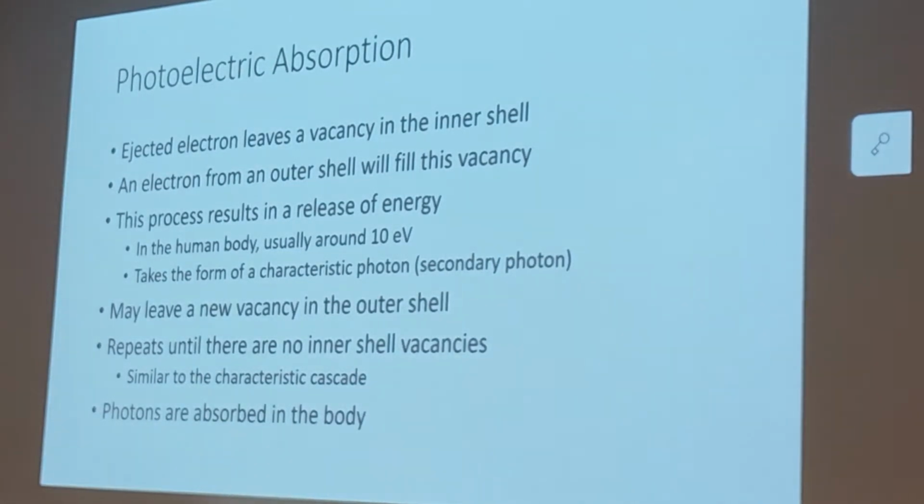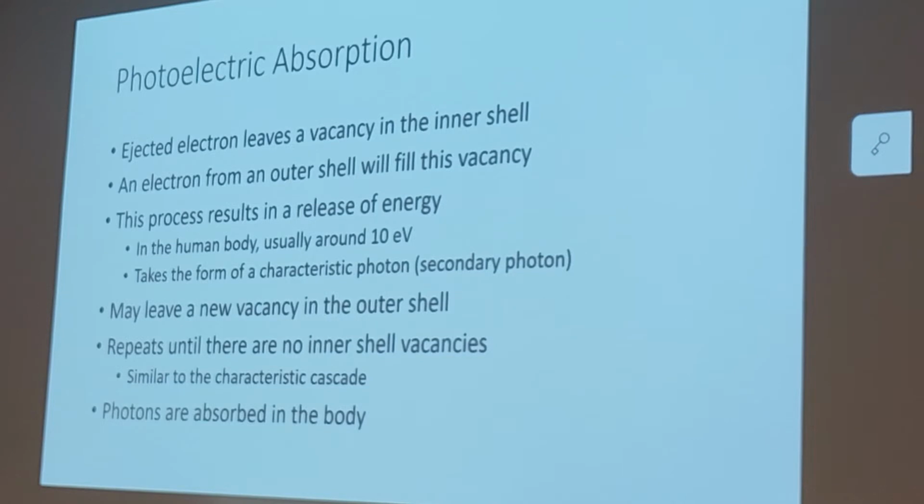Much lower atomic numbers. So the K shell is going to be much lower in terms of binding energy. We're not going to see that 69.5 keV binding energy in the body like you see in your tungsten atoms. So the energies we work with here are also going to be much lower. Does that make sense?